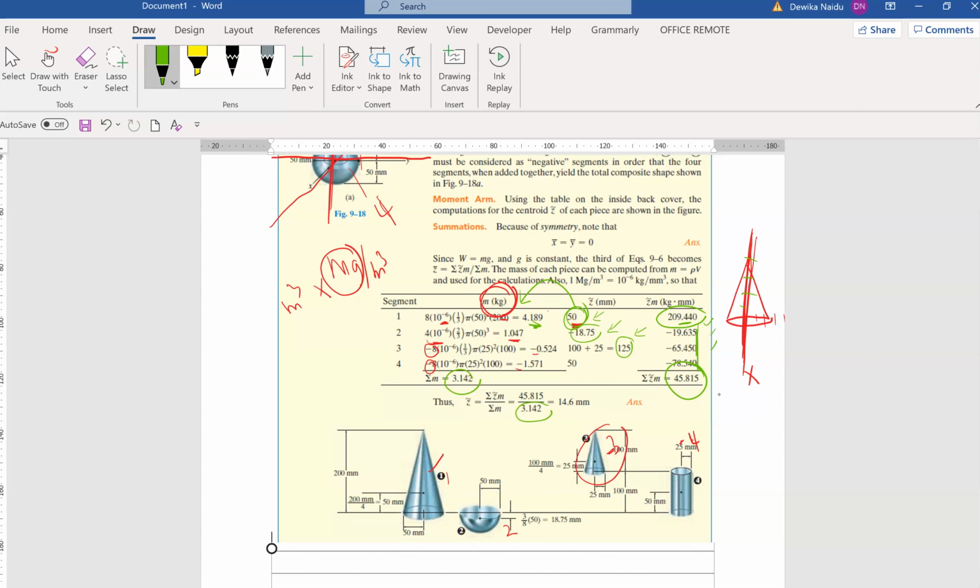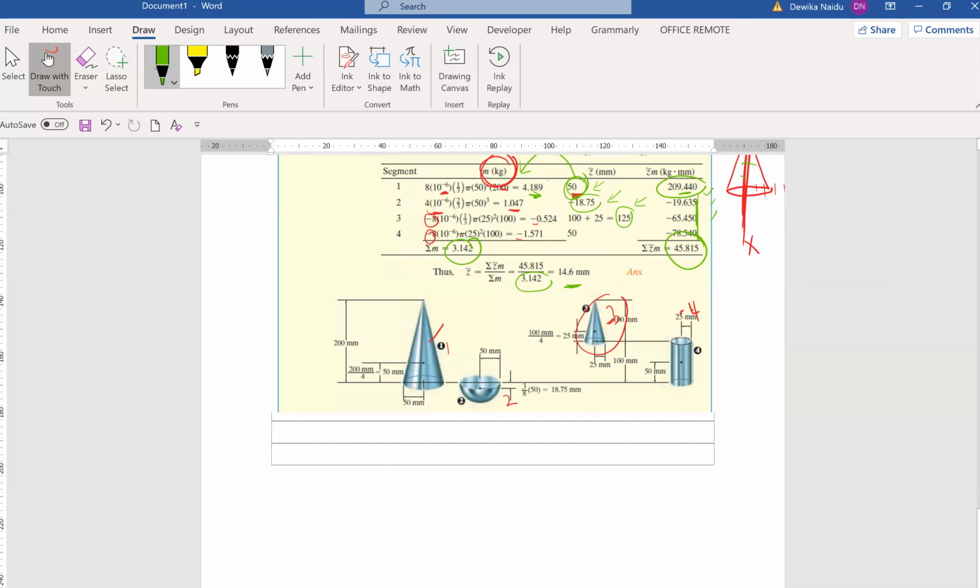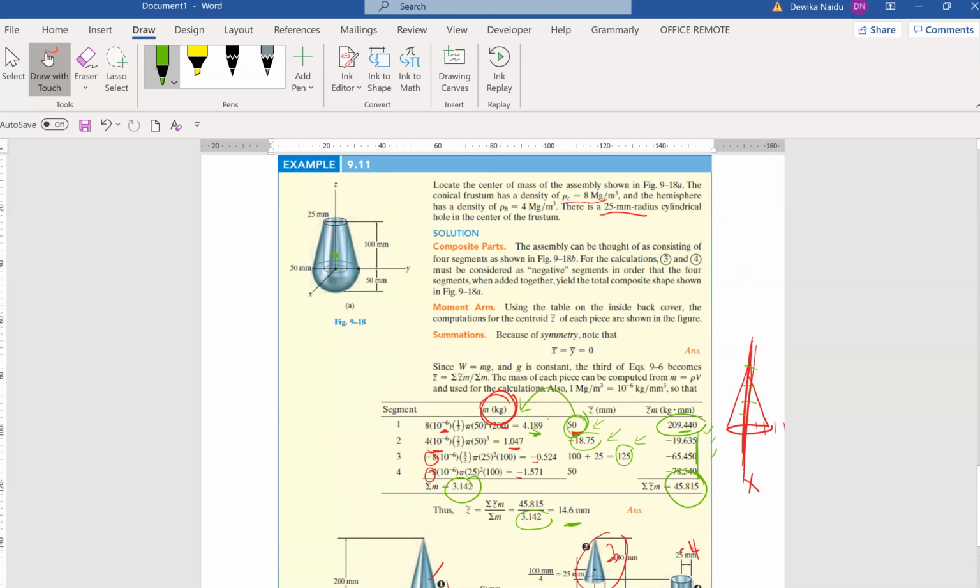Where do you get the total mass? Here. So the centroid is 14.6. Looking at this diagram, where is 14.6? The centroid will be somewhere around here. That is where the centroid will be. So that is the meaning of the value.